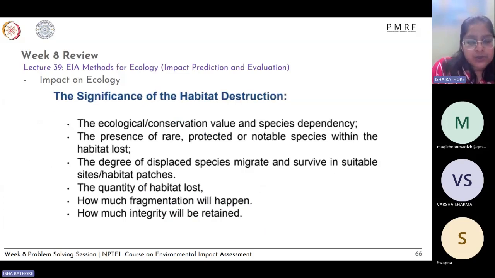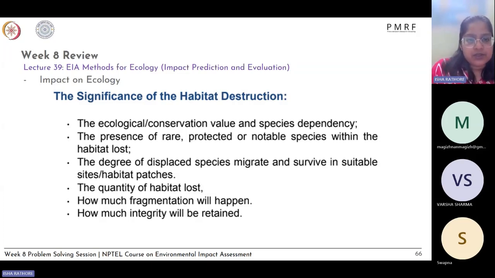We also looked at the significance of the habitat destruction. So the ecological conservation value and species dependency will get affected if habitat is destroyed. The presence of rare, protected, or notable species within the habitat is lost. The degree to which displaced species might migrate and survive in suitable sites or habitat patches, but the quantity of the habitat is lost, and how much fragmentation will occur and the integrity of the habitat will be restrained.